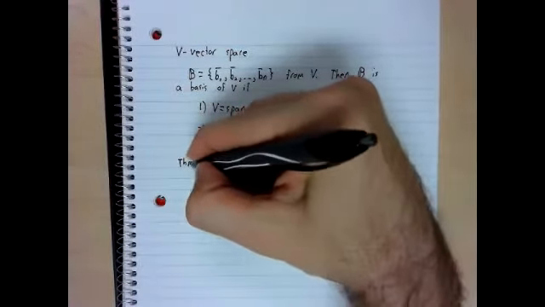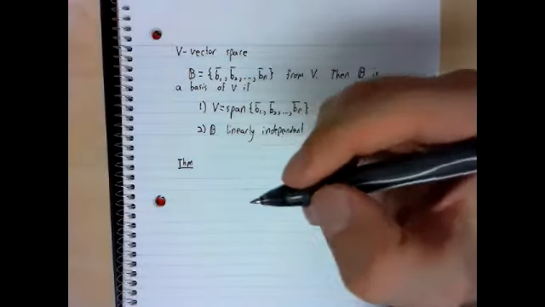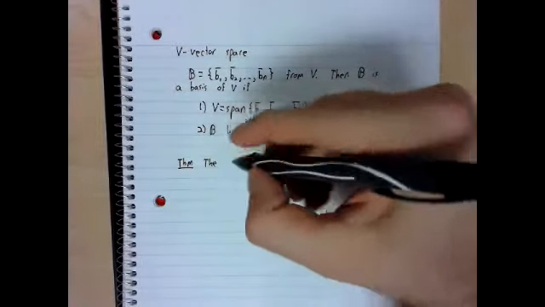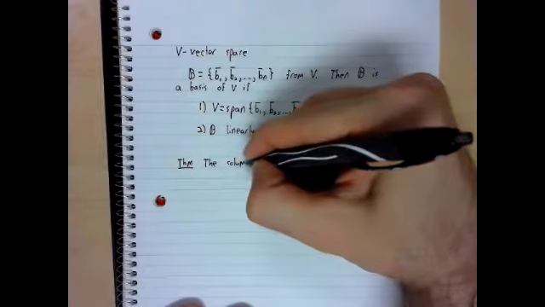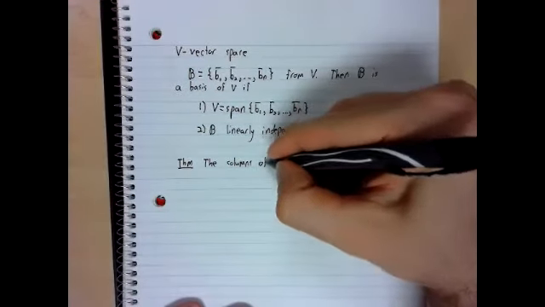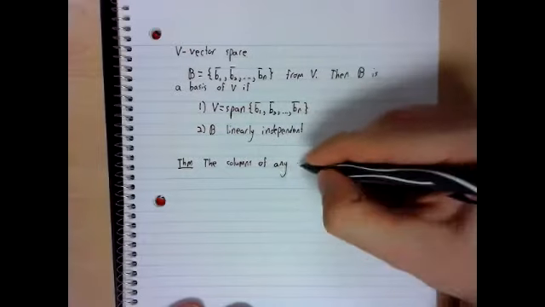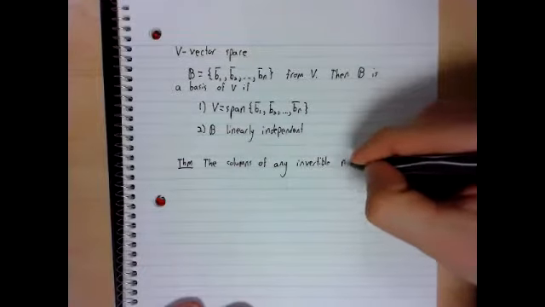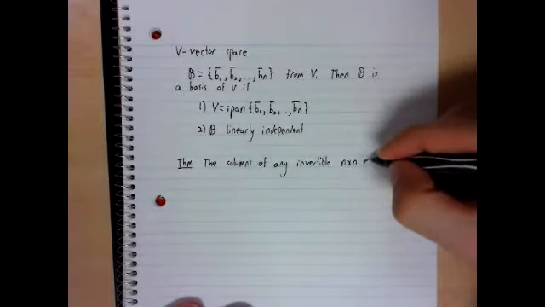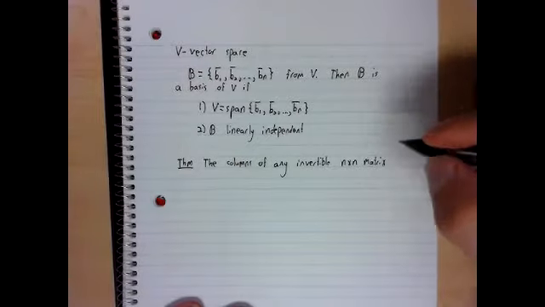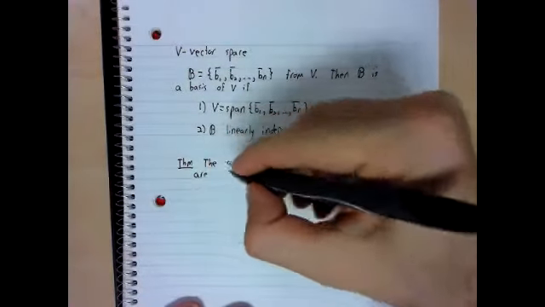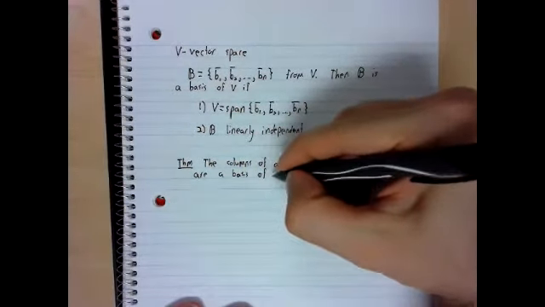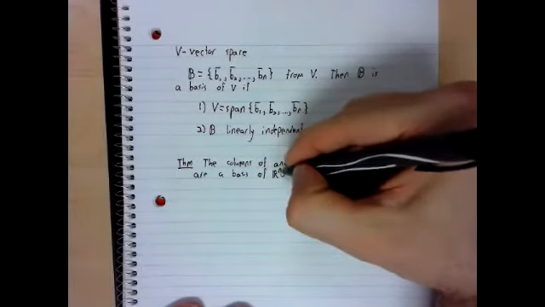This first example is phrased as a theorem. It says the columns of any invertible n by n matrix are a basis of Rn.